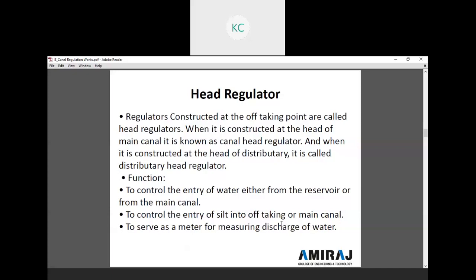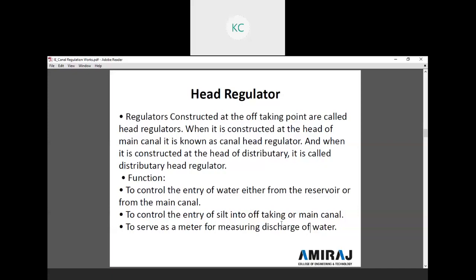So these are the different functions of the head regulator: to control the entry of the water either from the reservoir or from the main canal, to control the entry of the silt into the off-taking canal or main canal, and to serve as a meter for measuring discharge of the water.